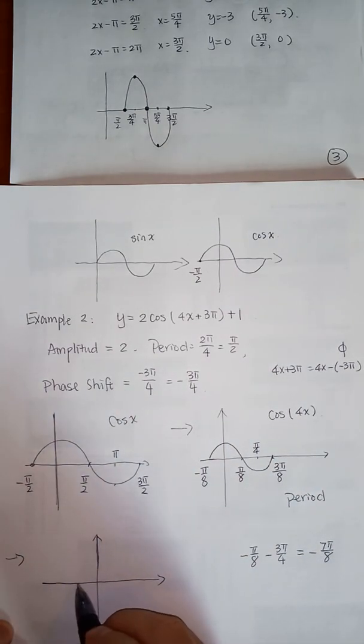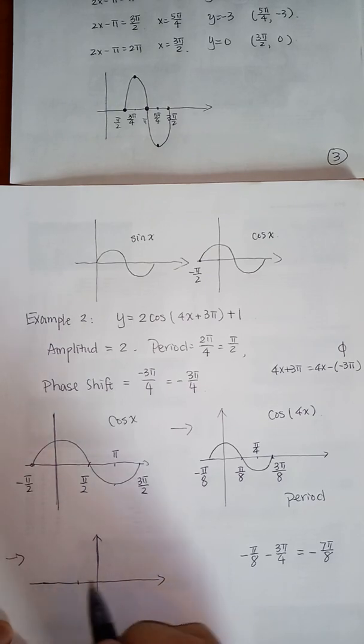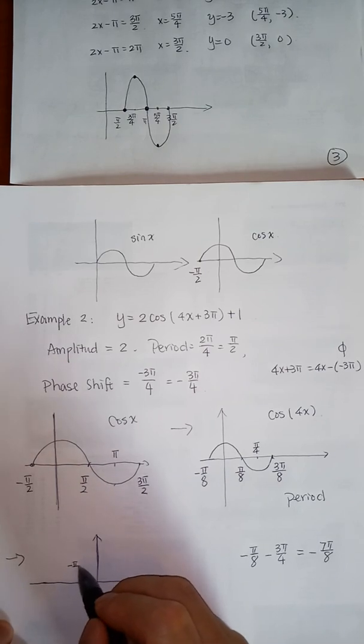Negative 7 pi over 8. This is negative pi over 8.